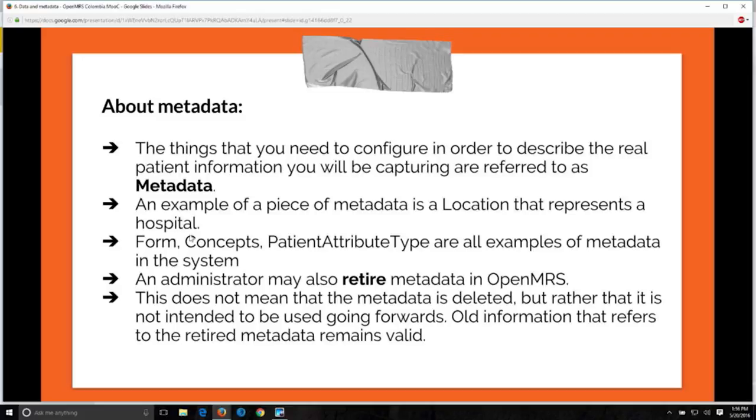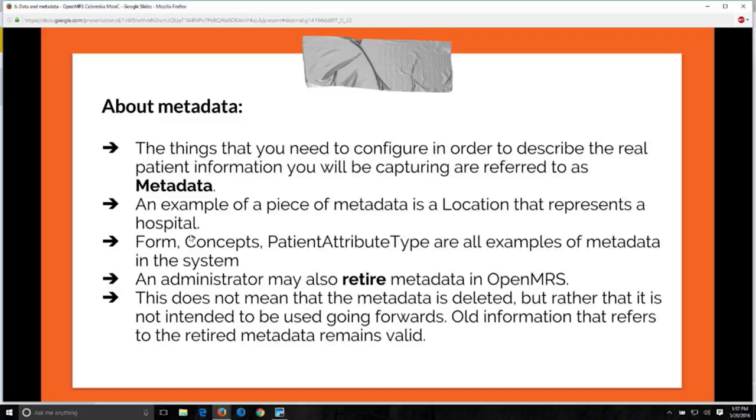An example of metadata is also location. For example, an observation was captured in a particular clinic or in a particular ward in an inpatient setting. That would become the metadata about that observation. So, things like forms, concepts, patient attribute types are all examples of metadata in the system.